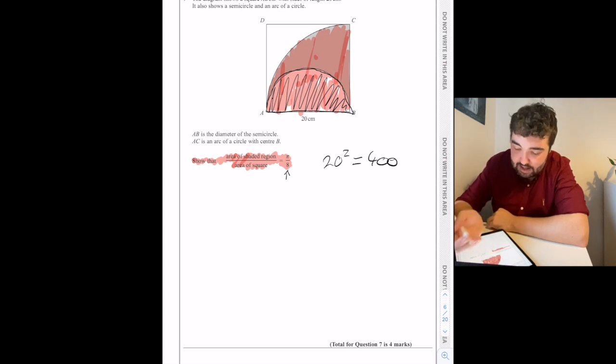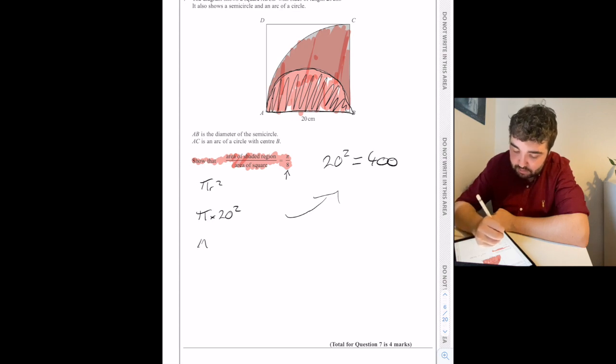Anyway, so our quarter circle. What's the area of a circle? It's pi r squared. Radius here is 20. That's very convenient, isn't it? So pi times 20 squared, which we've already said is 400.